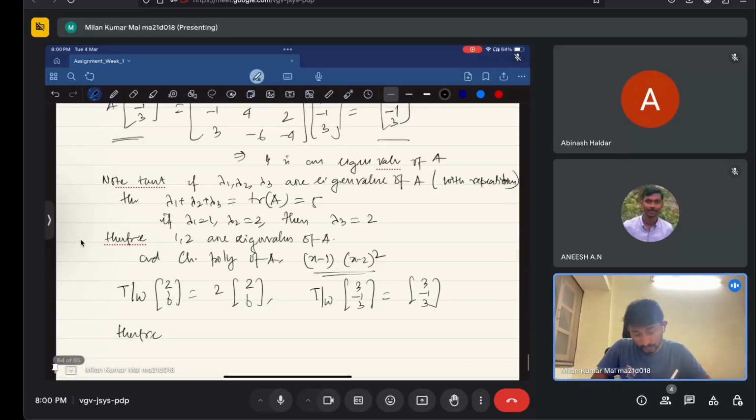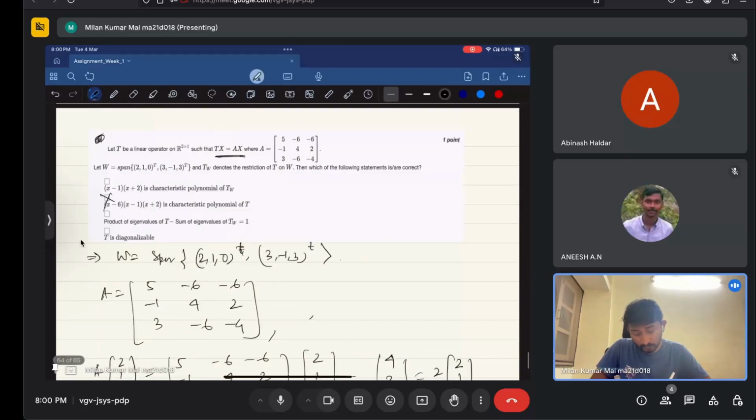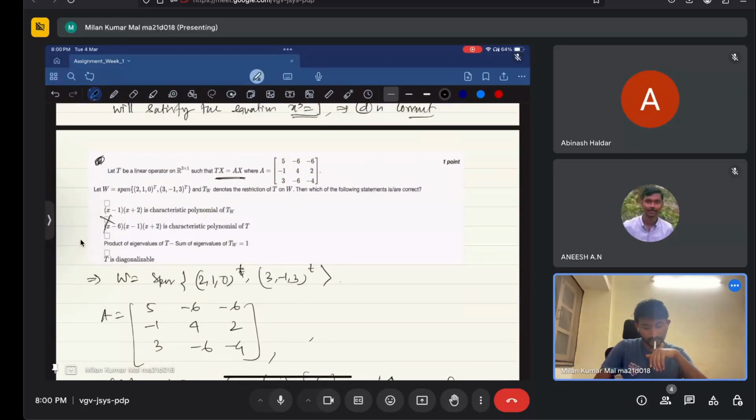Okay, so therefore the second option says that the characteristic polynomial for T_W is, this is also true I think.